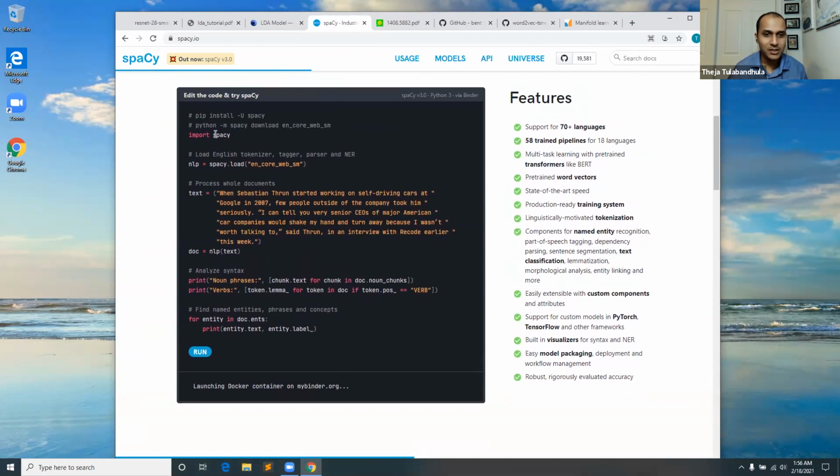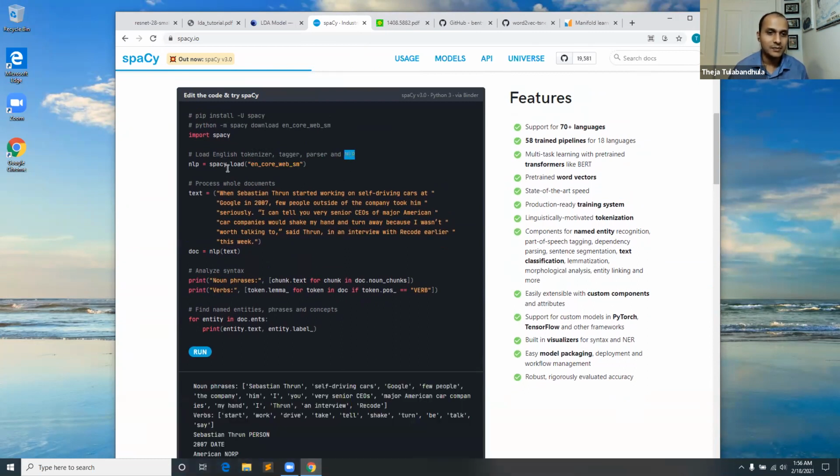So you can import Spacy and load what is called a tokenizer, tagger, parser, and named entity recognition object. It's basically loading not really a model, but different components of a data processing workflow for text.